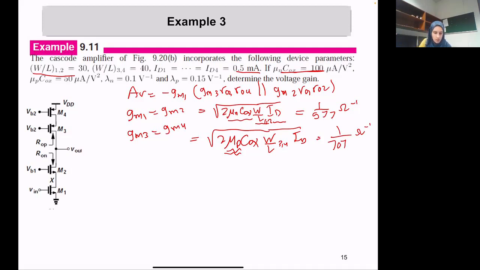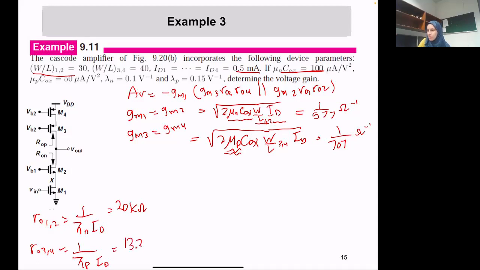Now we can also find R out of 1 and 2, which is 1 over lambda n times ID, and this becomes 20 kilo ohm. R out of 3 and 4 is 1 over lambda p times ID, and this comes out to be 13.3 kilo ohm. That is what we need for calculating the gain.